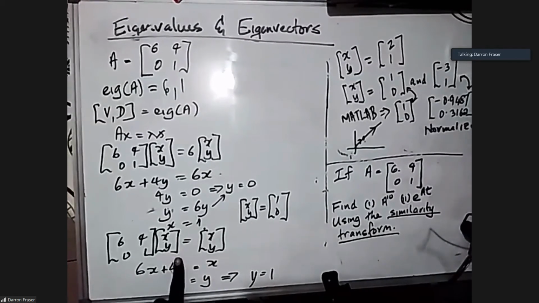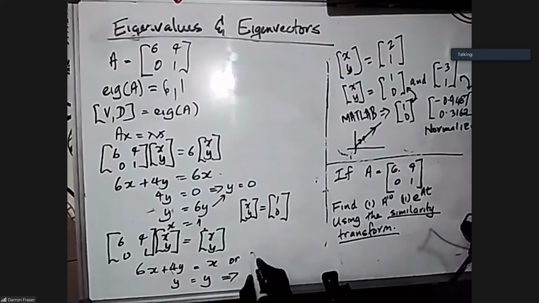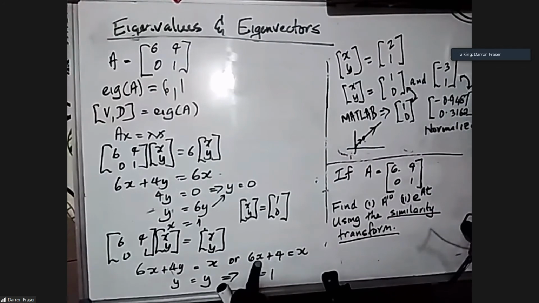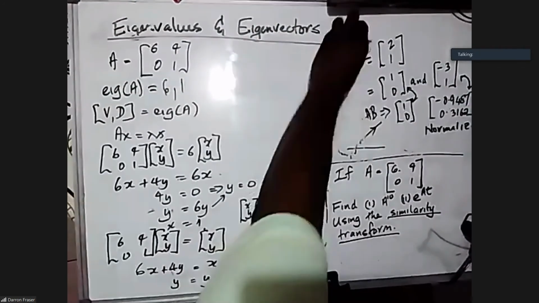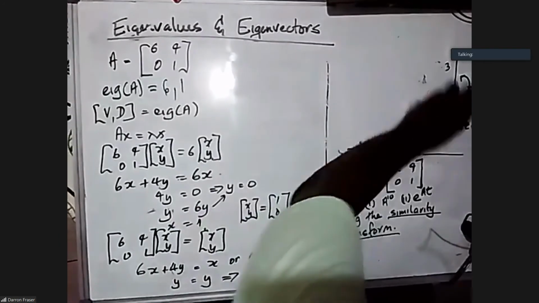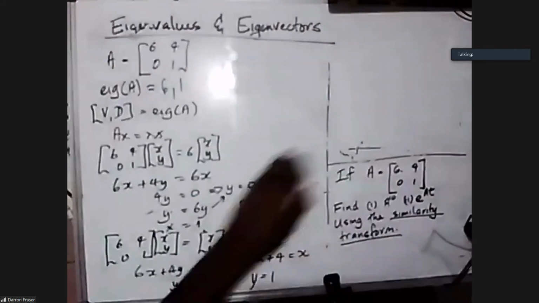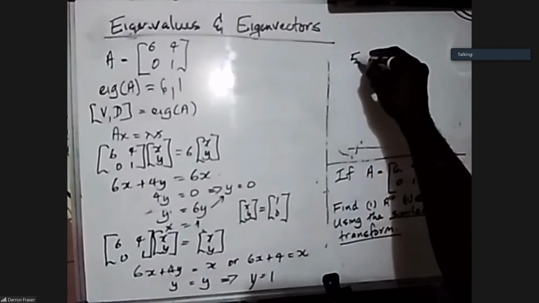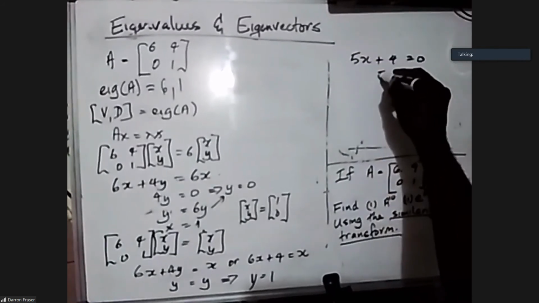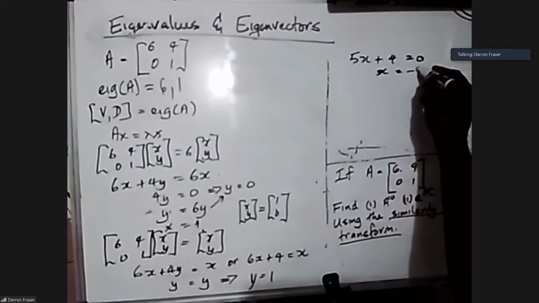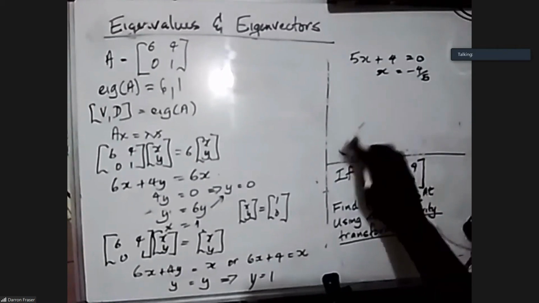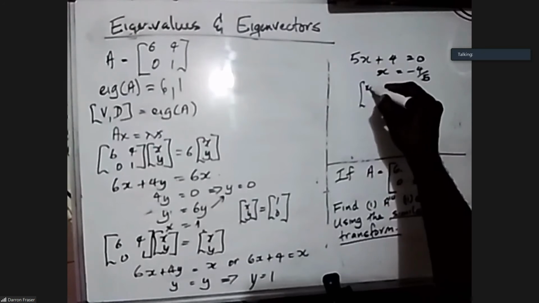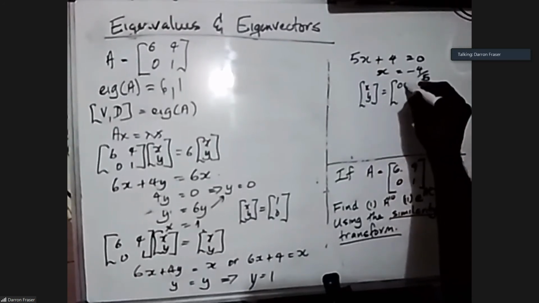And when y equals 1, you get 5x equals negative 4. So we're going to get x equal negative 4 over 5. So x, y is negative 0.8, 1.